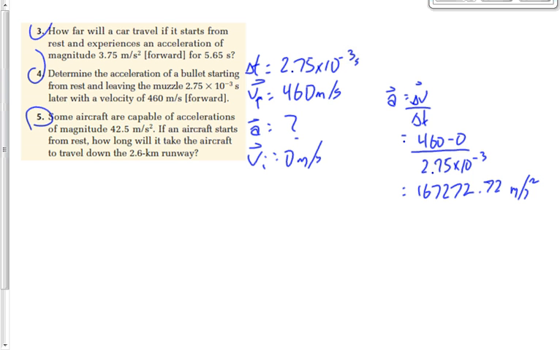If you experienced that acceleration, you would feel 17,000 times heavier than you really are. If you weighed 100 pounds, you would feel as if you weighed 1.7 million pounds. That's how heavy you'd feel by simply accelerating at that rate.